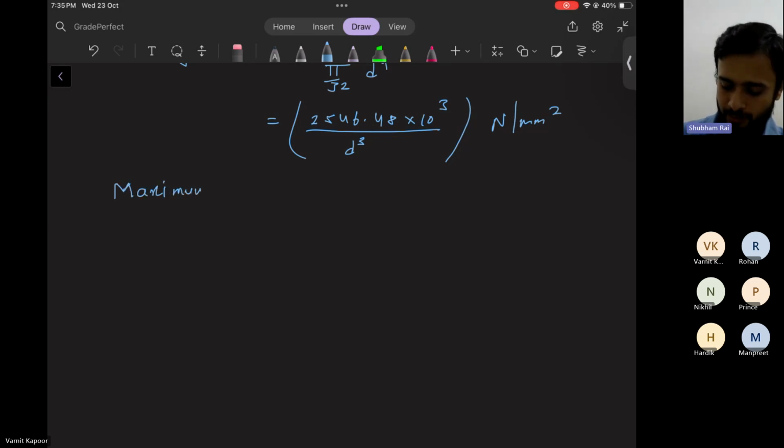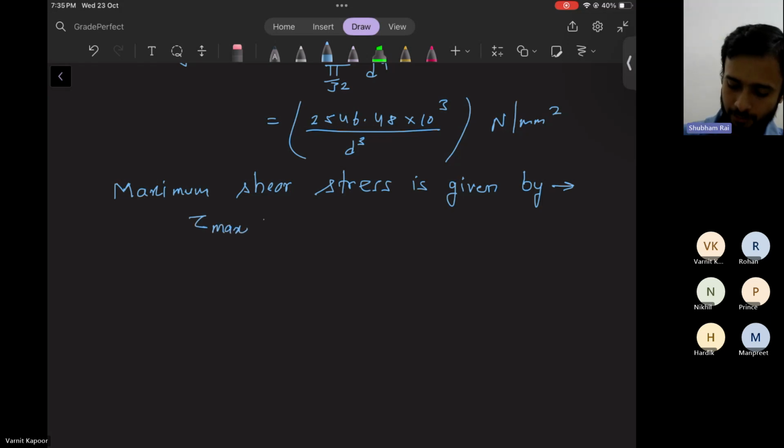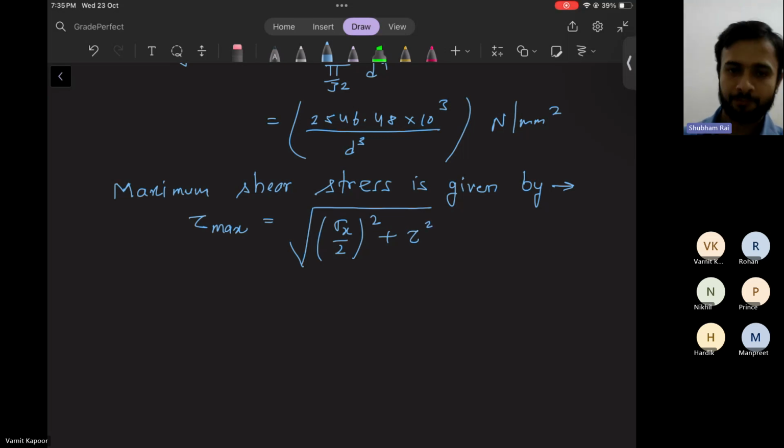So the maximum shear stress is given by the square root of sigma x by 2, the whole square, plus tau square.